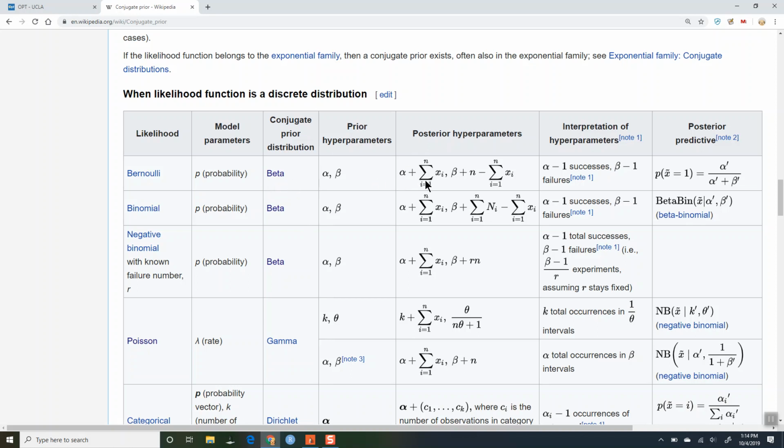And they already give you the answers here: the posterior hyperparameters, meaning after you combine, if your shape parameters are alpha and beta.